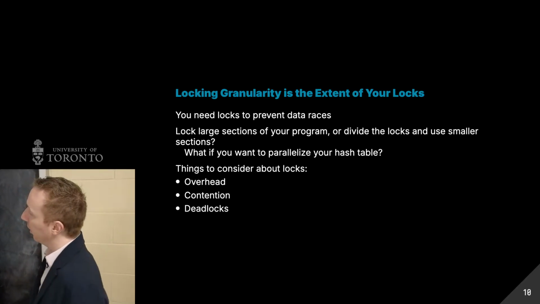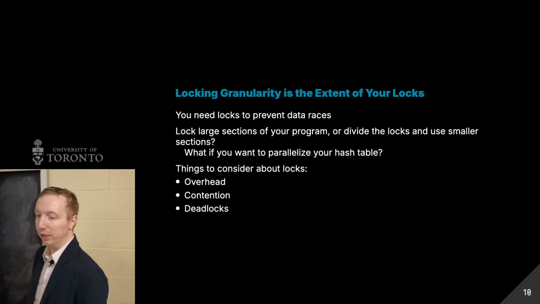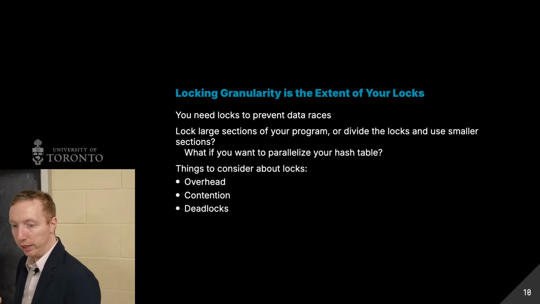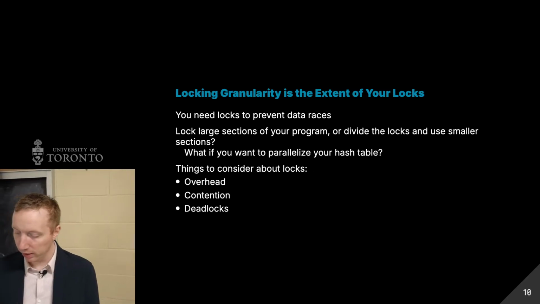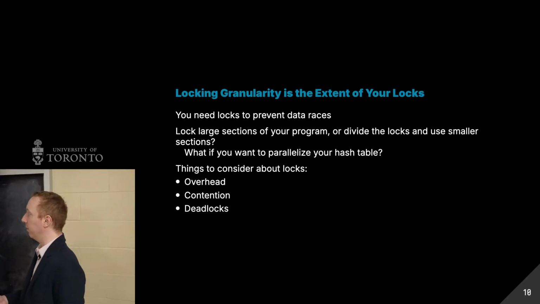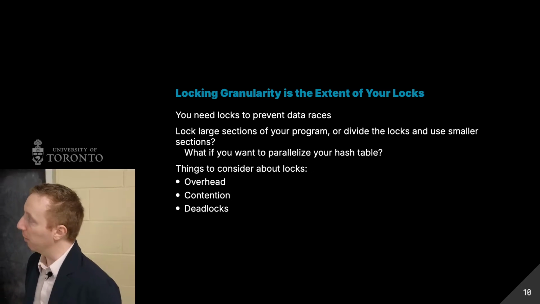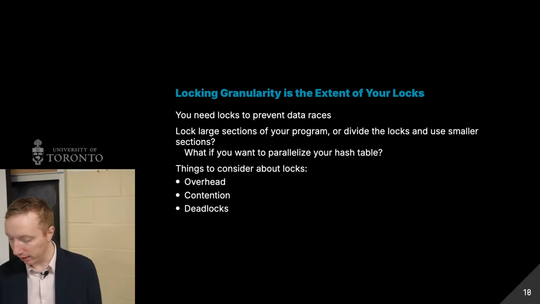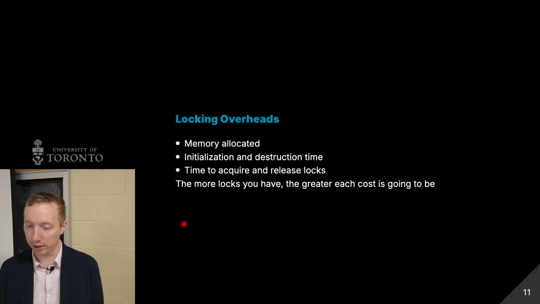So things to consider about locks is the overhead of the locks, because, well, even if you create them, they take up some memory. Calling lock and unlock is not instantaneous, so there'll be some overhead there. You've got contention, so that is the amount of threads all fighting over the lock at once. The more contention, the more serialized your program will be. And then deadlocks is a condition where we have to think about if we have more than one lock.